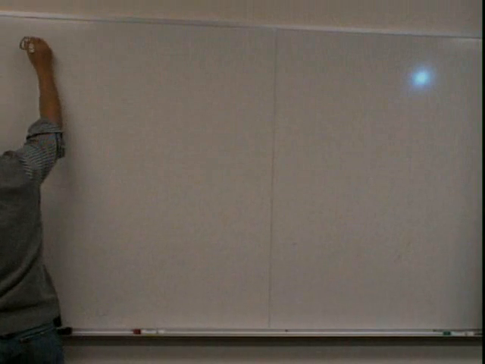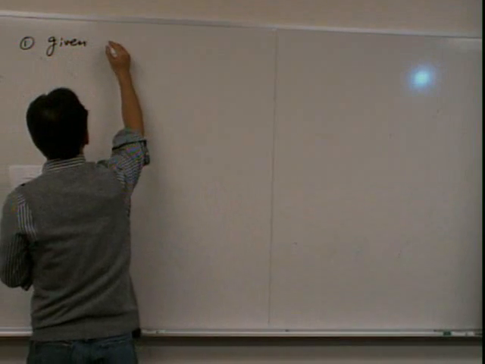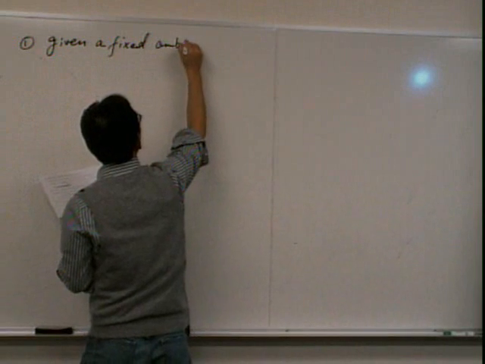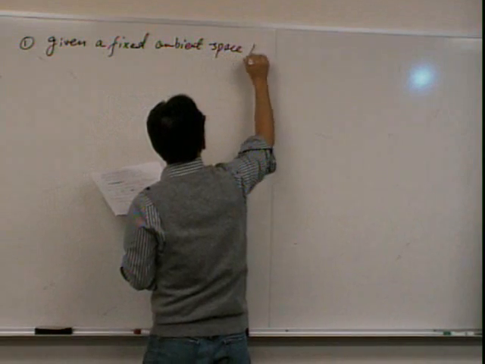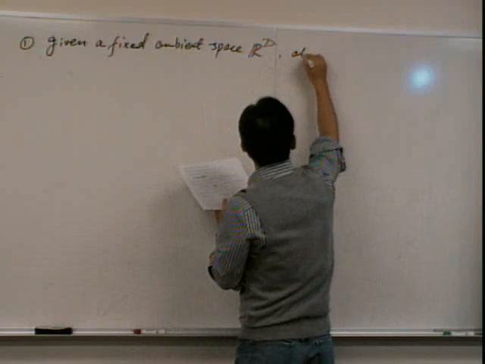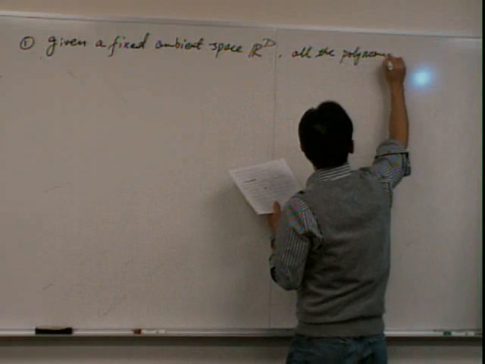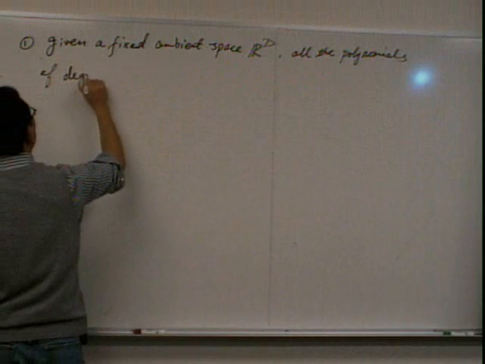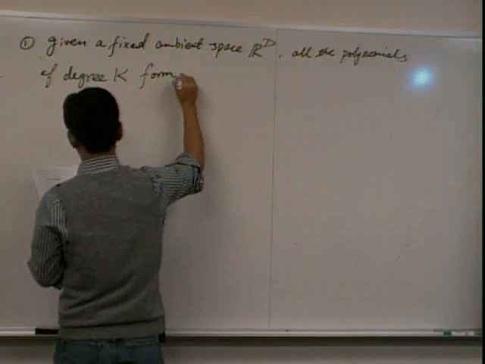The first point: given a fixed ambient space R^d, all the polynomials of degree k in fact give you a vector space.